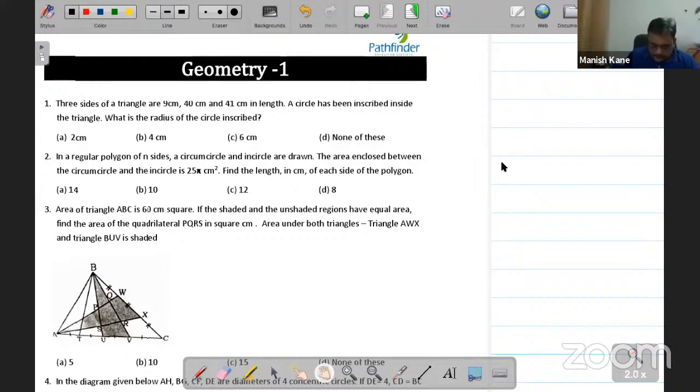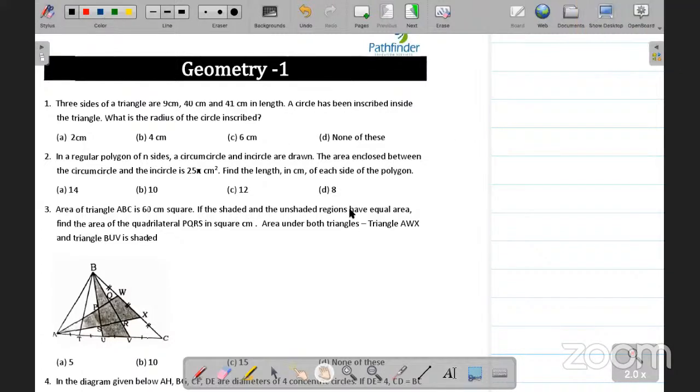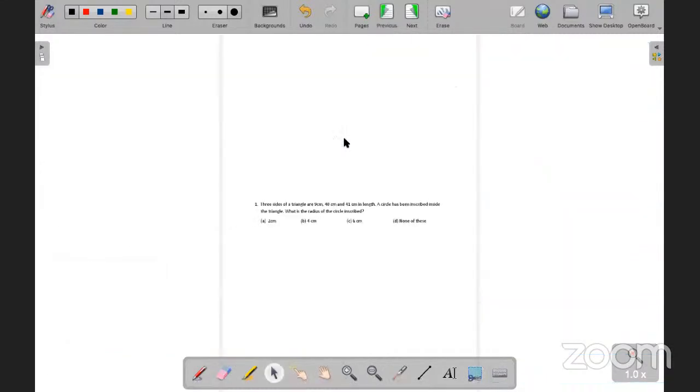Not 6, I guess. 6 is not the answer to the first one. Chalo, let me help you. I'll take this question on another page and solve it there so that we have enough space. So here is that question.